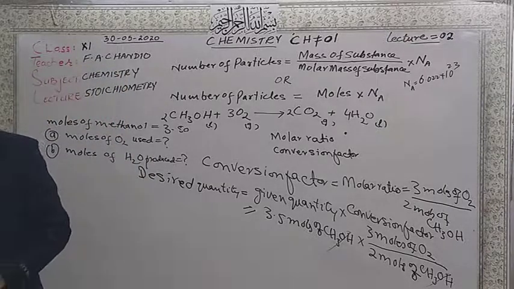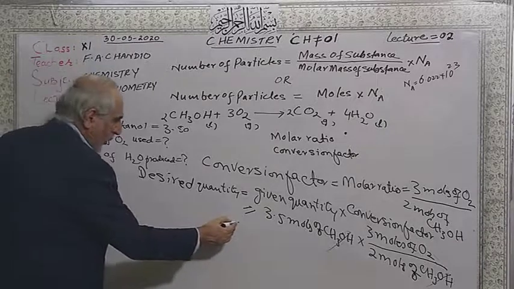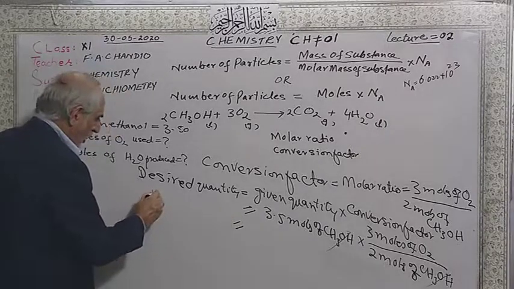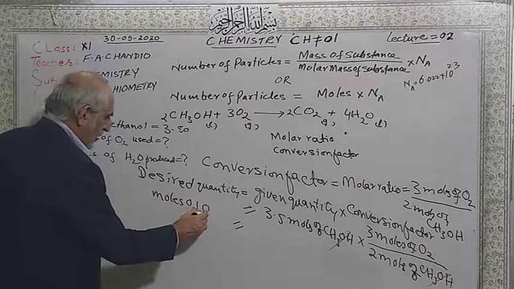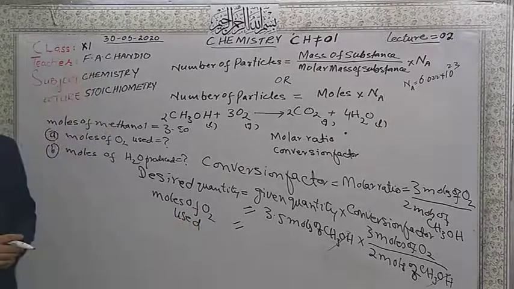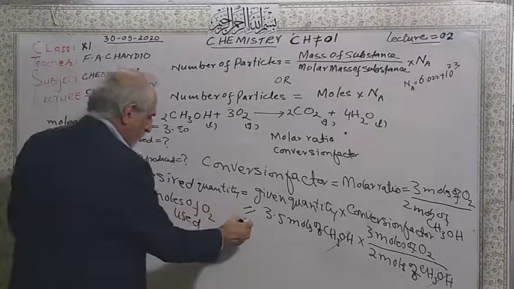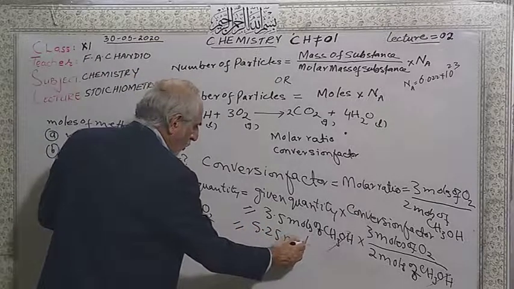So moles of oxygen used during the chemical reaction are 5.25 moles.